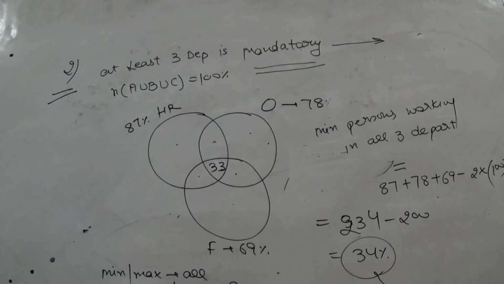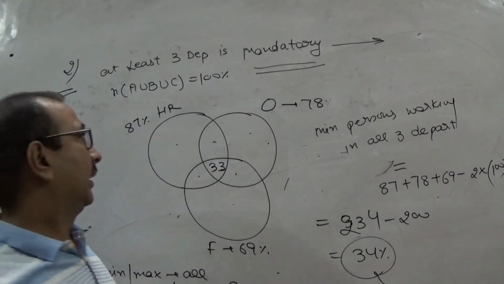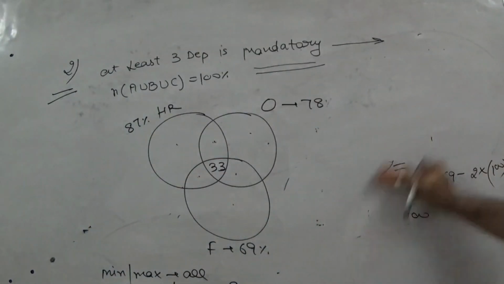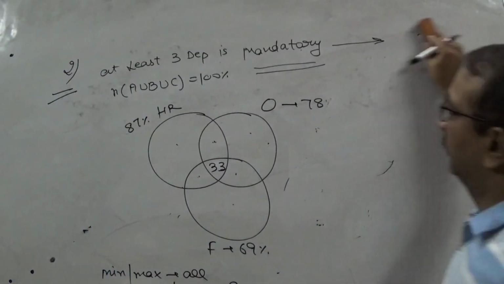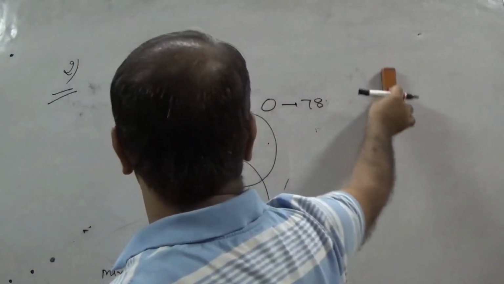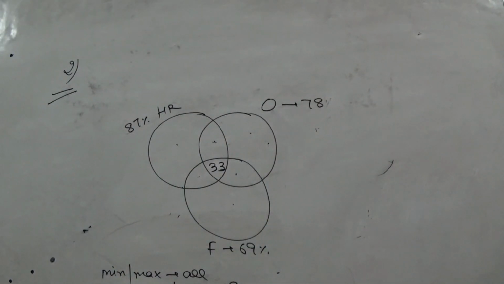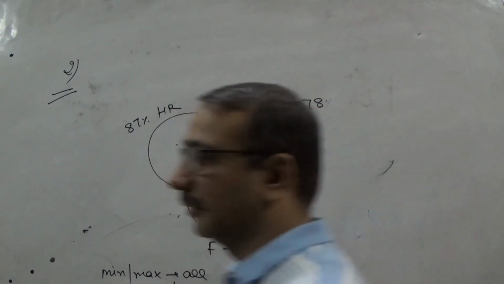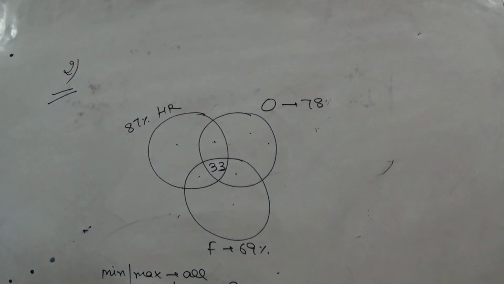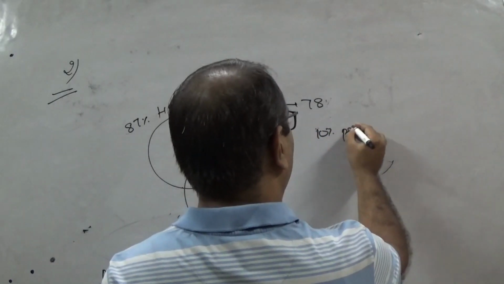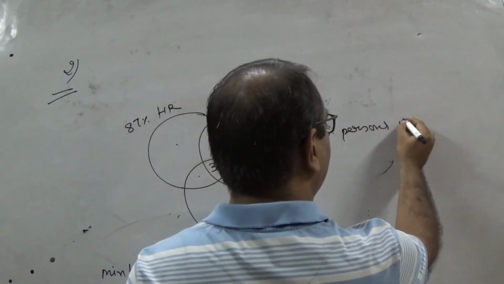Done. One more point here is sometimes you will get that the condition is not given. Working in at least one department is not given. Suppose here the question is the same, like in HR department 87% people work, operation 78%, finance 69% people work, and it is given that 10% persons are there who are not working in any department.